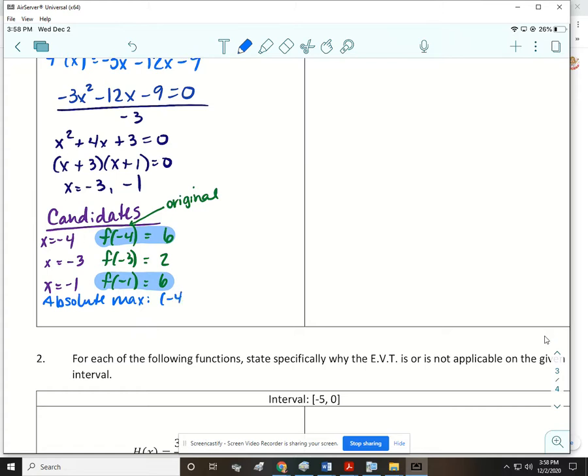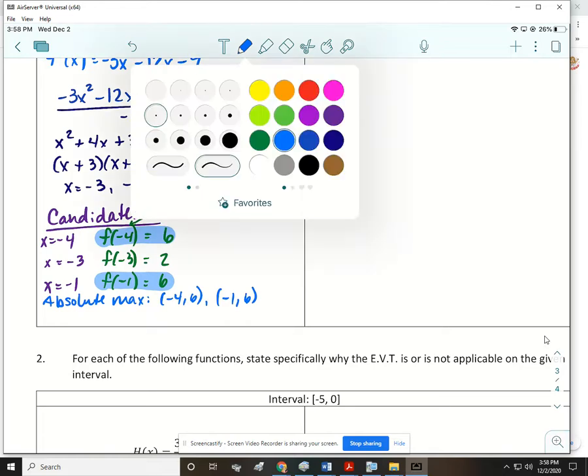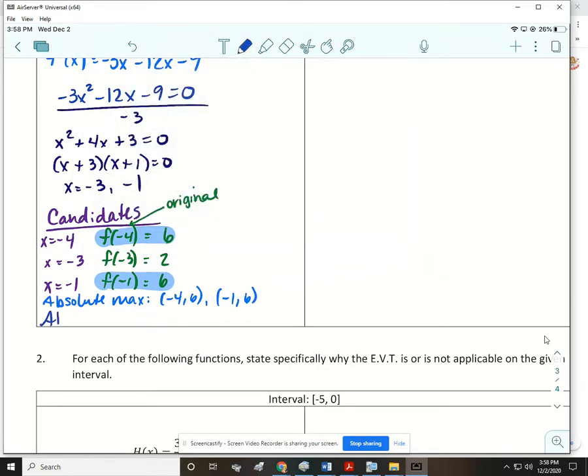One is at negative 4, 6, and the other is at negative 1, 6. Okay. All right, and then for absolute minimum, the winner is this one right there, the point negative 3, 2.